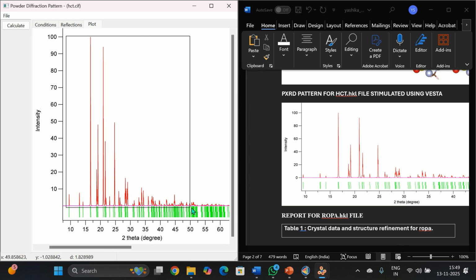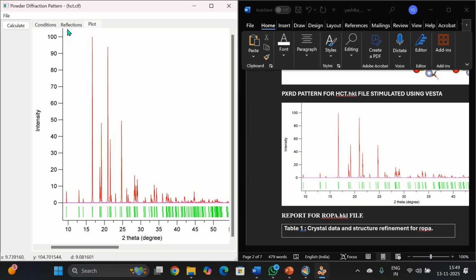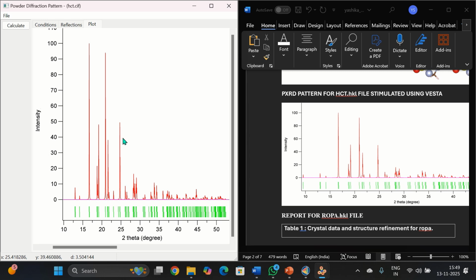these two compounds are the same compound, and it is the same compound because we have used the same HKL file, obviously. But we can see that the peak appearing here is here, and the peak appearing at this side is this side. At the 20-degree value, a particular peak is coming, and at the 25-degree value, a particular peak is coming.